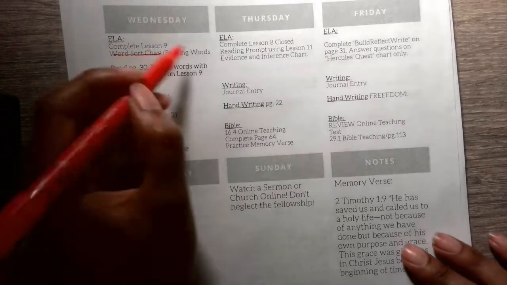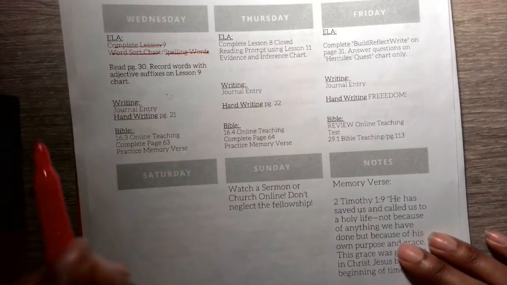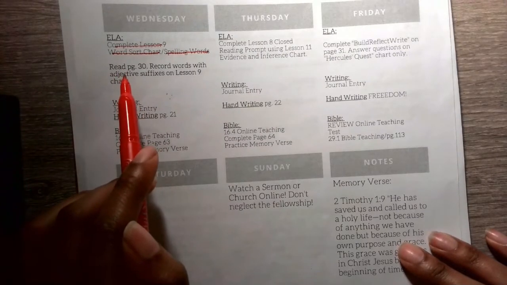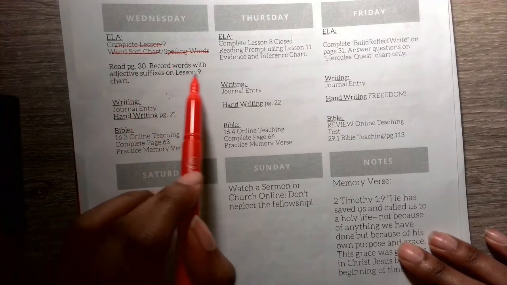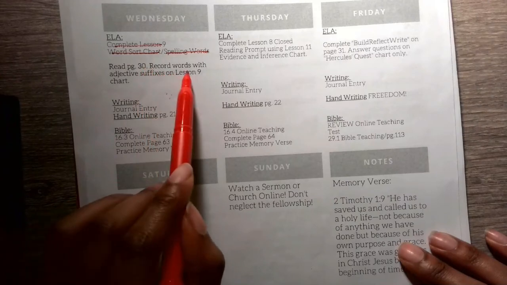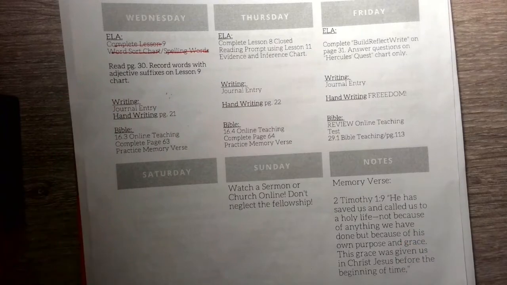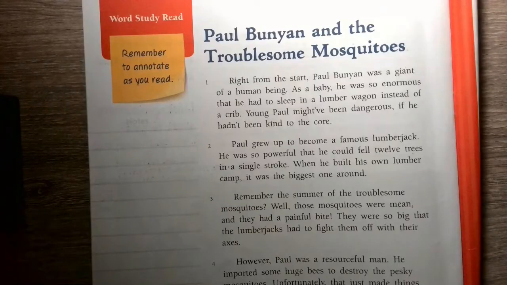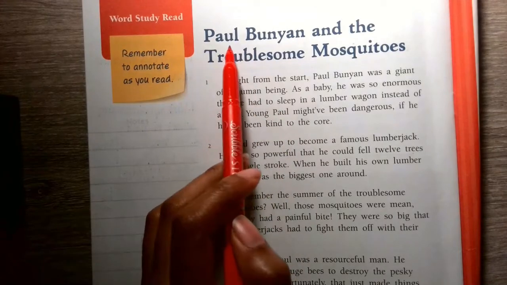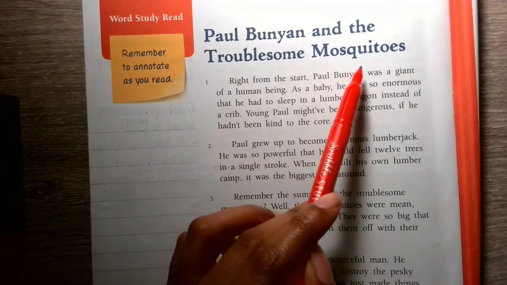So I finished my spelling words, so this part is done. Now I need to go to page 30, and I need to read words with adjective suffixes. I need to record words with adjective suffixes on the lesson 9 chart. Here I am on page 30, and my story is Paul Bunyan and the Troublesome Mosquitoes.